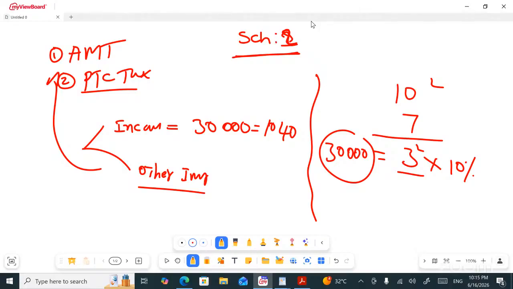That is the reason at the end of the year, at the time of filing the return, this taxpayer has to return that amount to the government in the form of premium tax credit return. So this would be included in other tax items. Apart from one, income tax, second one is other taxes. These other taxes include one, the AMT, second one, premium tax credit returns.